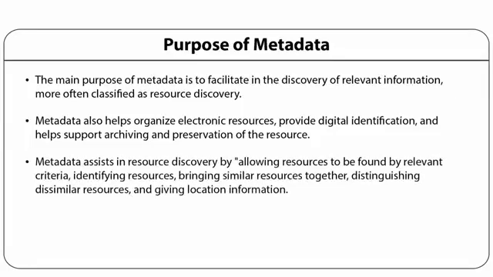Metadata assists in resource discovery by allowing resources to be found by relevant criteria, identifying resources, bringing similar resources together, distinguishing dissimilar resources, and giving location information. As we have already seen in this presentation, metadata, a description of data, mainly gives an address to locate a particular small piece of data of the content in the universe of knowledge.